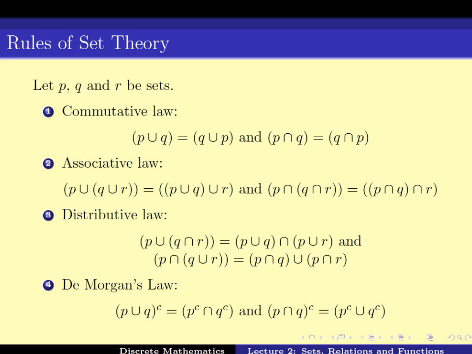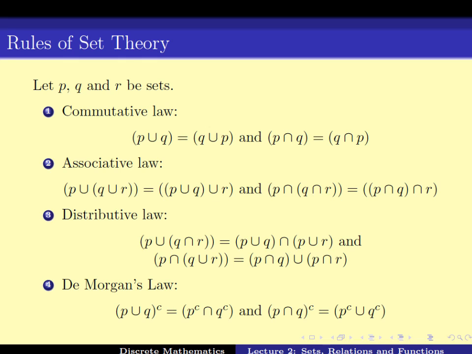Now, these laws are provable laws. That means you can prove these laws from the definition of intersection, union and complement. I leave it to you to check that these laws are indeed correct.